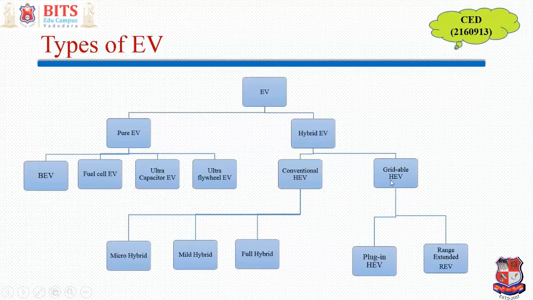While in plug-in HEVs you have a less powerful engine and more powerful batteries, and a motor propulsion system. Conventional hybrids started with the micro hybrid, then mild hybrid and full hybrid. Micro hybrids have a very small battery and a very small motor.